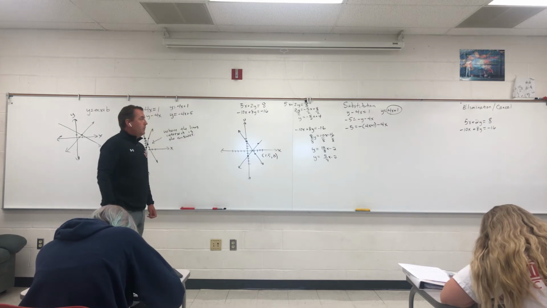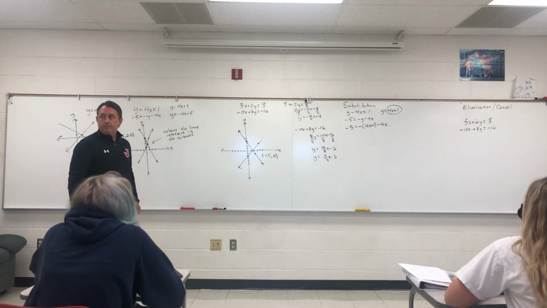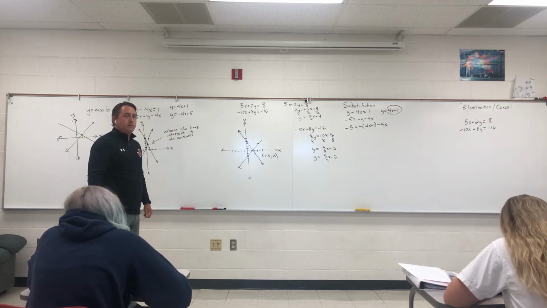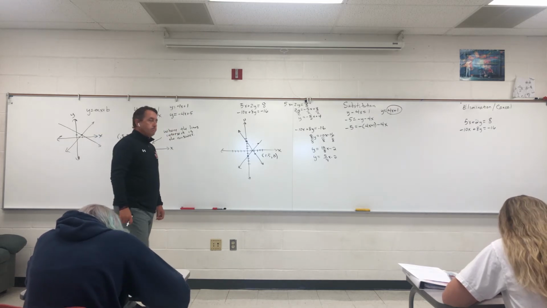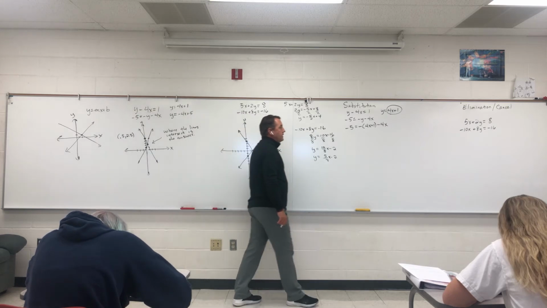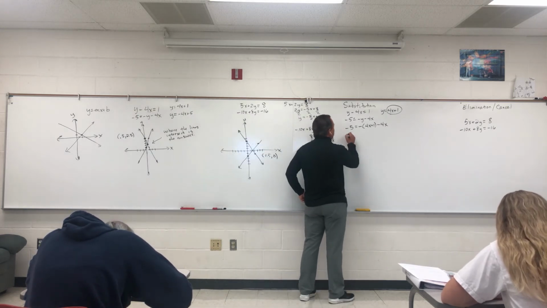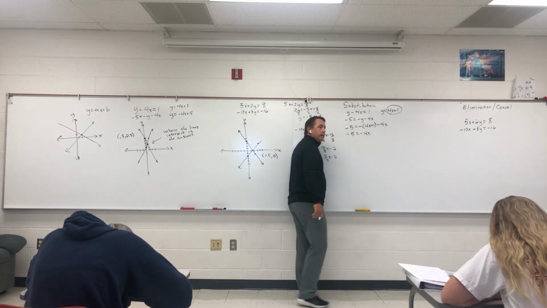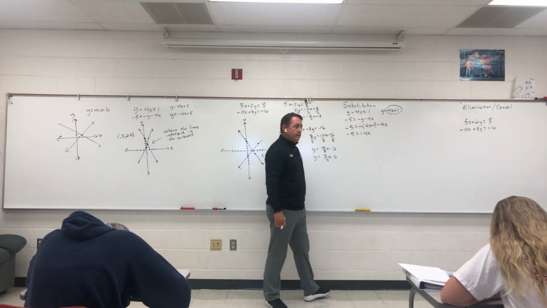So what I did there was a negative out in front of the y. So I put parentheses around the 4x plus 1 because that's what I was substituting in. And the reason that's important is because that is going to make not just the 4 be negative, okay, but the 1 also be negative.